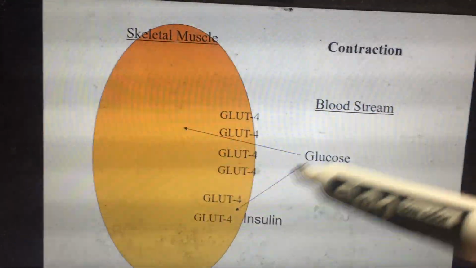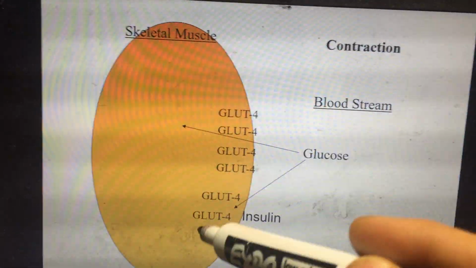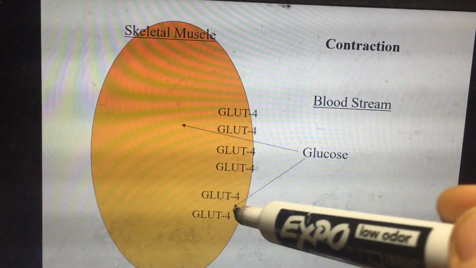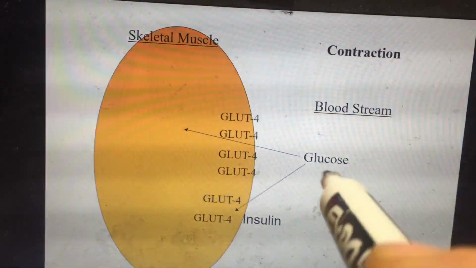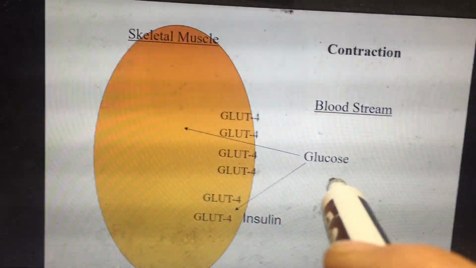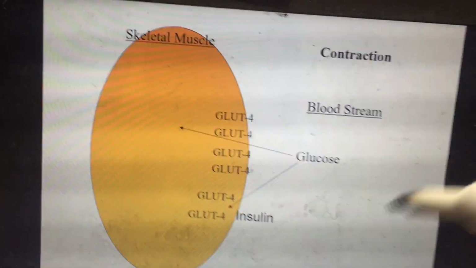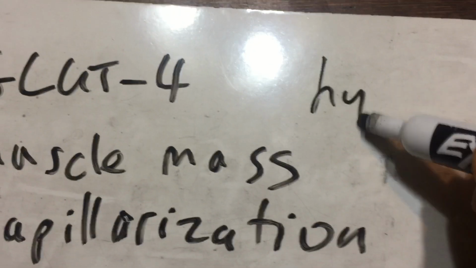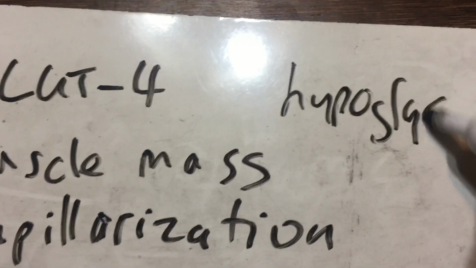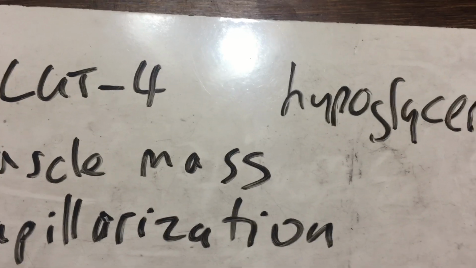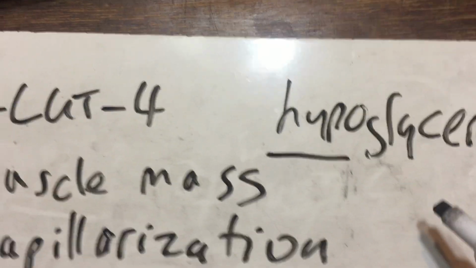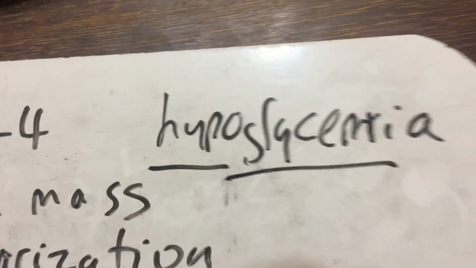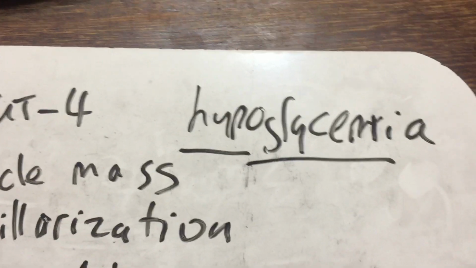And in this case, the problem here is that you're getting too much glucose uptake into the muscle, and you end up having a very low blood glucose level left over. So this condition where your blood glucose level is extremely low is called hypoglycemia. Hypo just meaning low, and then glycemia referring to your blood glucose levels.